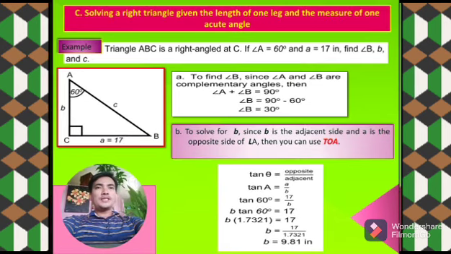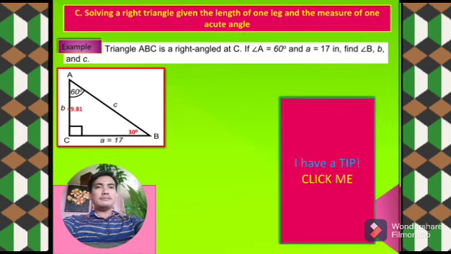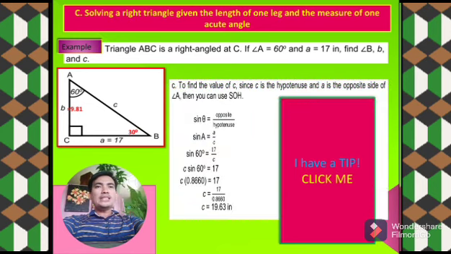So for side C, you would have to find the value of C. Since side C is the hypotenuse and side A is the opposite side of angle A, then you can use SOH, or sine theta equals opposite over hypotenuse.